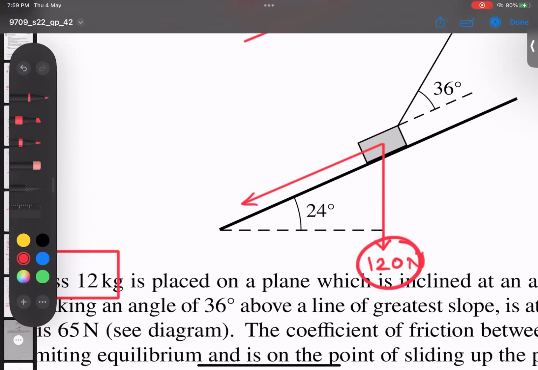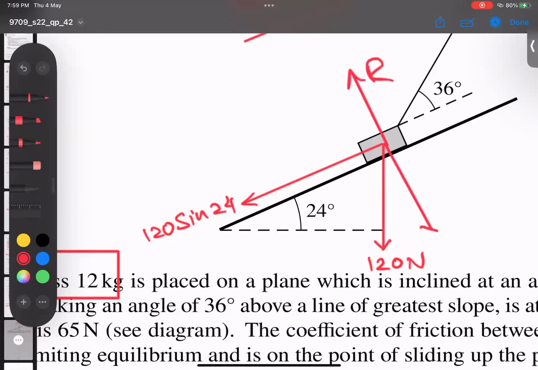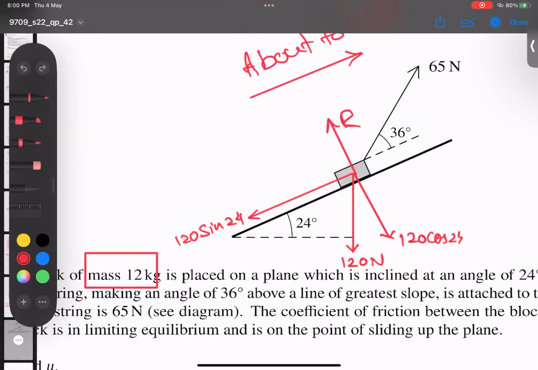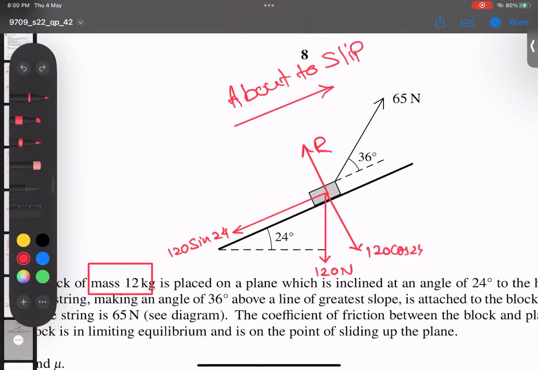But we know weight, so 120 sine 24. And upwards is the normal reaction, and one downwards is 120 cos 24. Repeat: the parallel to surface is the sine component and the perpendicular to surface is the cos component. About to slip up, so friction will be 100% downwards.